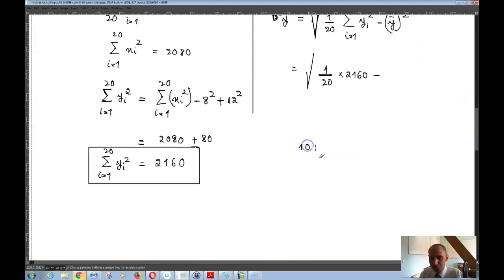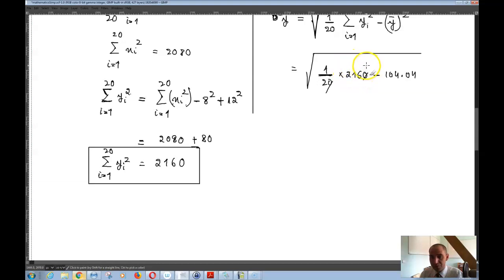So 10.2 squared is 102 times 102 with 2 decimal places. That gives 10404, which with 2 decimal places is 104.04. Now let's calculate this. 2160 over 20: I can simplify the zeros, and 216 divided by 2 is 108.